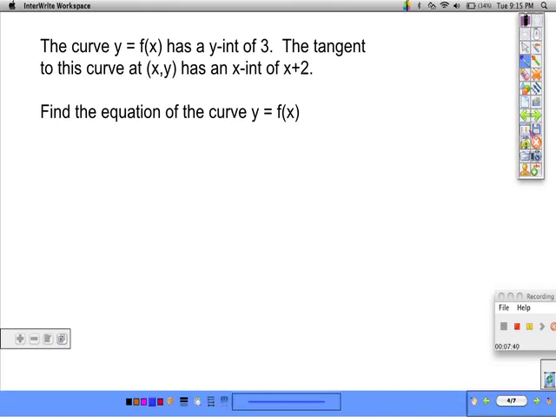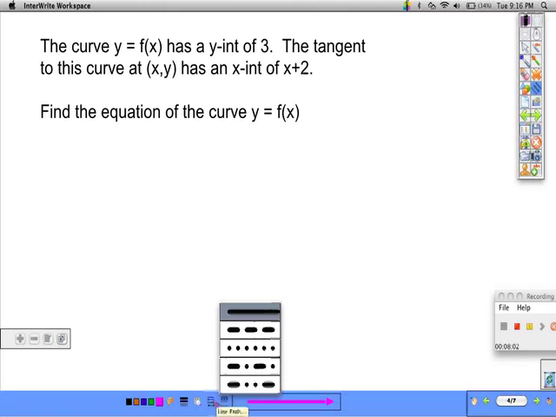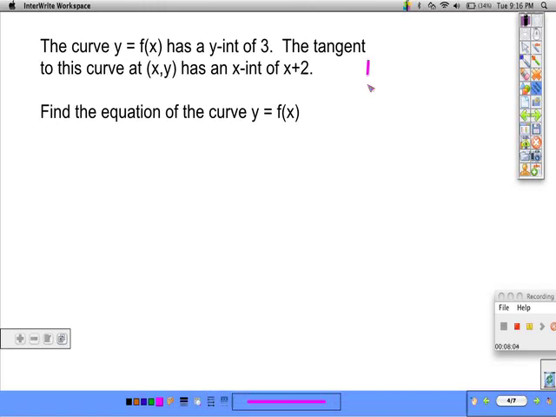So in this problem we have some curve, f of x. It has a y-intercept of 3. The tangent to this curve at x comma y has an x-intercept of x plus 2. I'm going to make a quick sketch here.